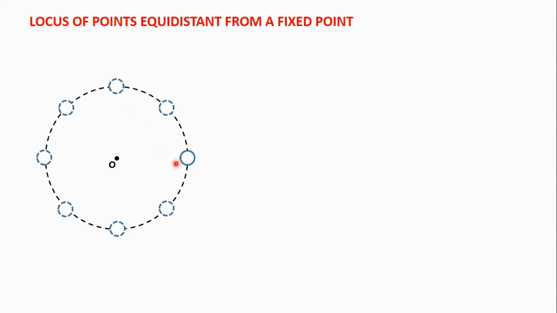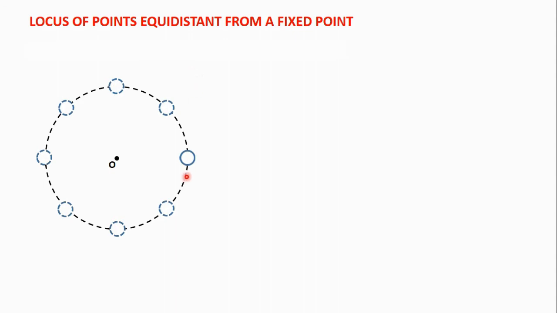So when you move a point around a fixed point such that the distance between the point and the fixed point does not change, the point will travel through a circular path. From the previous video, we learned that the path that a point creates as it moves from one position to another position under a given condition is known as the locus of the point.